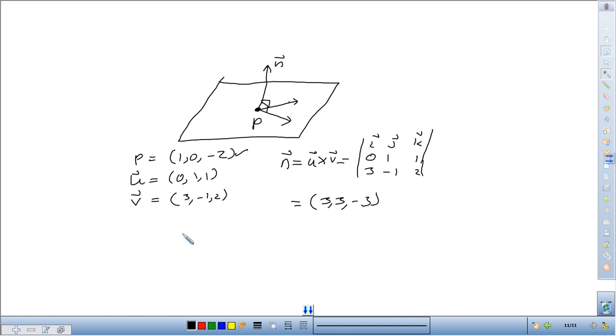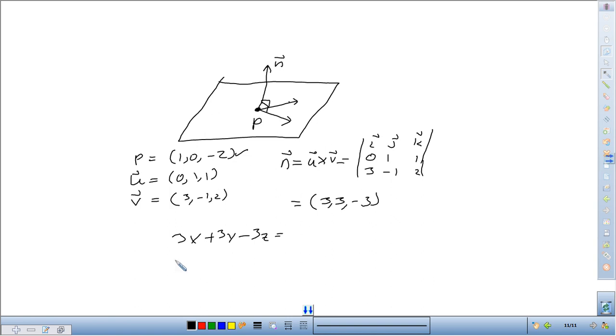So, in the end, I want to find the equation of this plane. I use my normal vector as my coefficients for x, y, and z, so I get 3x plus 3y minus 3z, and I need that to be equal to some constant. In order to figure out what that constant is, I'm going to plug in my point as the values x, y, and z, because I know the point satisfies this equation.